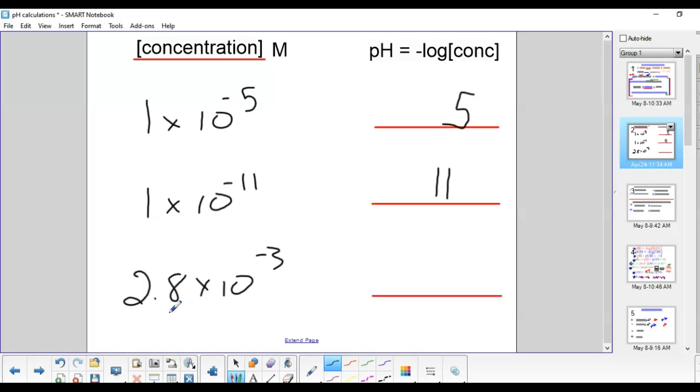And you should get 2.5. Now, I don't know what type of calculator you have. If you're not getting this value, then you're not entering it into your calculator correctly. Most of the time, if you have a Texas Instrument or Casio, and they're the regular common ones, you type in the negative sign, then you type in the log button, and then you type in this value.